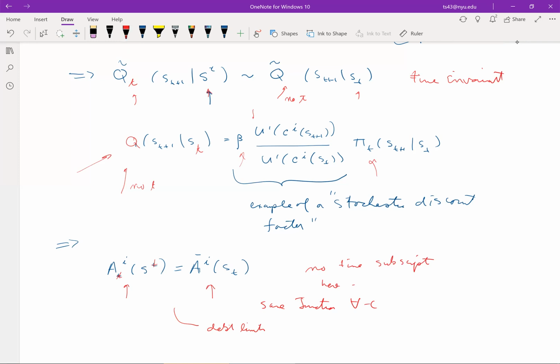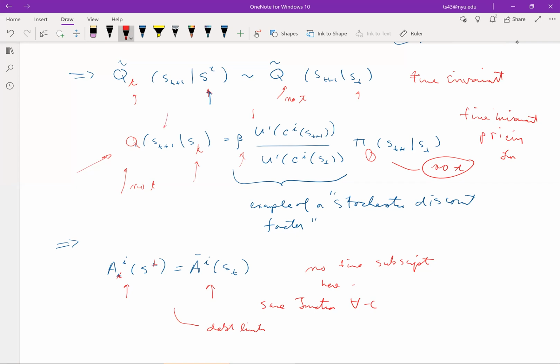But you could say, didn't you just tell me there was a time invariant transition? So there's actually no t here. So what we've got is a time invariant pricing function. It depends on, if you're in this state S_t today, this is what you pay for 1 unit of consumption tomorrow if state S_{t+1} prevails.